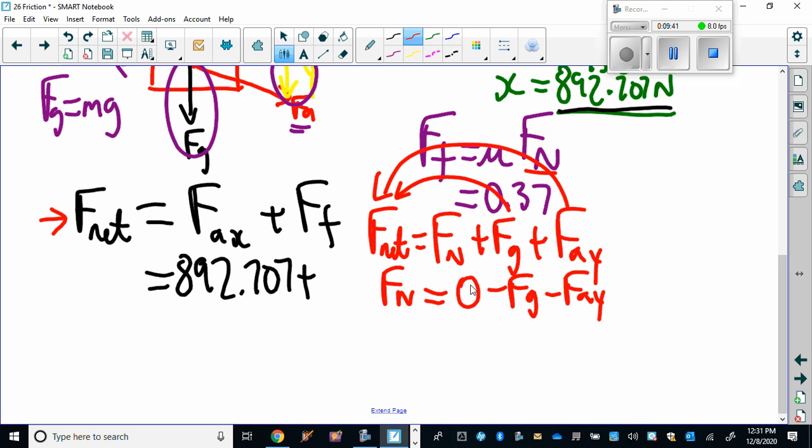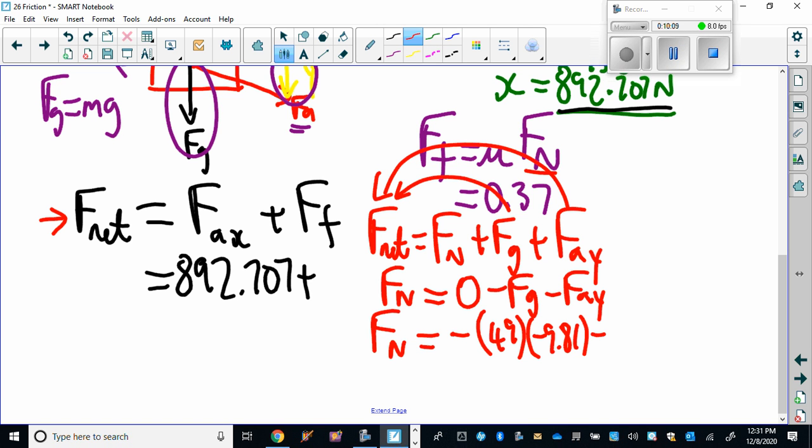Okay, here we go. Now it's going to start to fall into place. Fn equals, we don't need the 0 there, but we need the negative Fg. What's Fg? M, 49, times g. Do you want to use a positive or a negative here? That force is down, so we're going to go with negative.